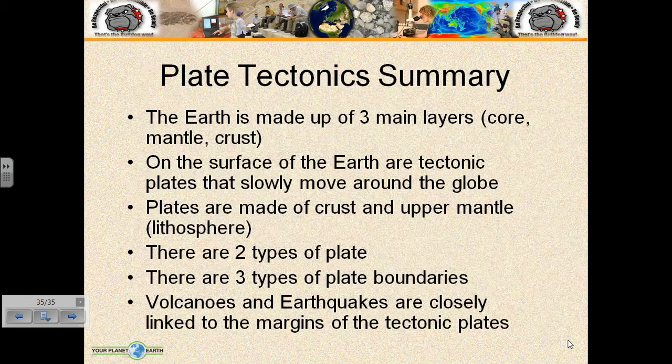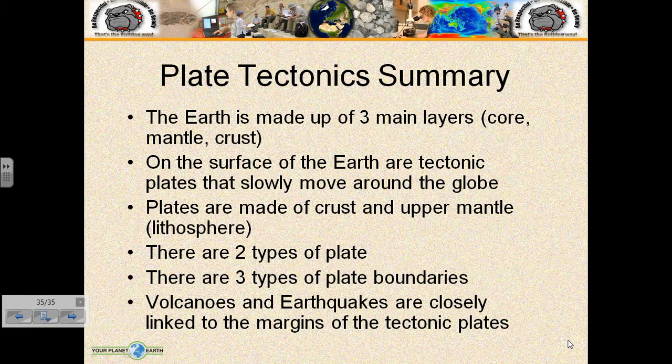So, in summary, there are three layers that you want to be aware of, and they include core, mantle, and crust. But most of the activity that we're familiar with occurs at the core and near the upper mantle.